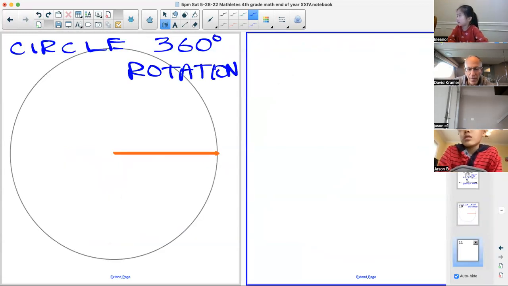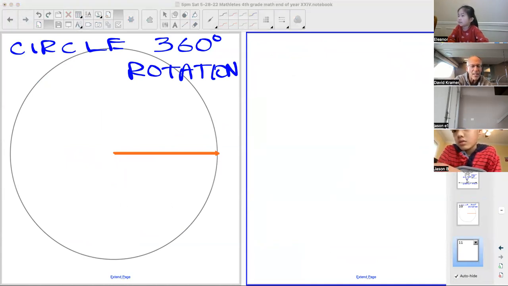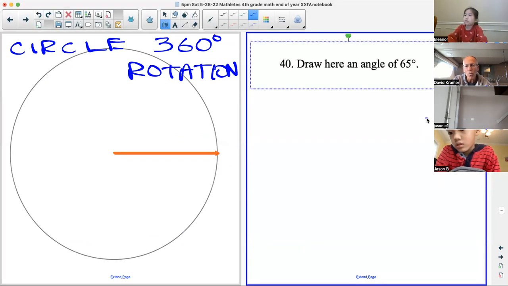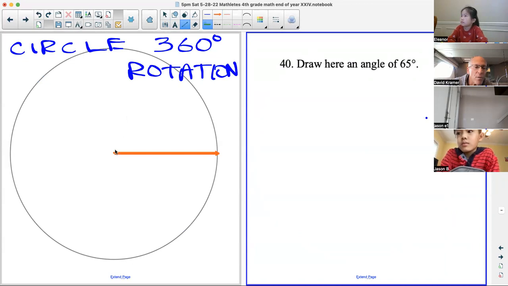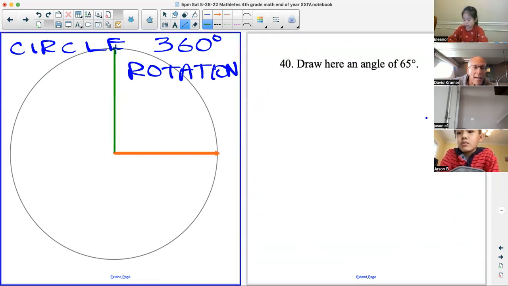All right. So the next thing I'm going to do is I want to ask you to draw me a 65-degree angle. Now, you don't really know what a 65-degree angle looks like yet, but you do know what a 90-degree angle looks like.